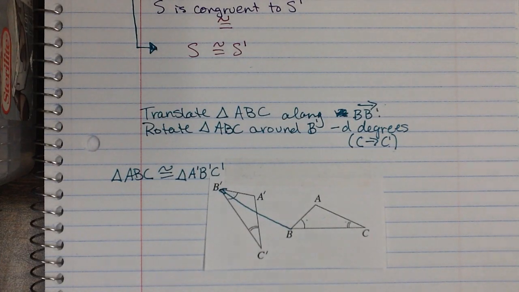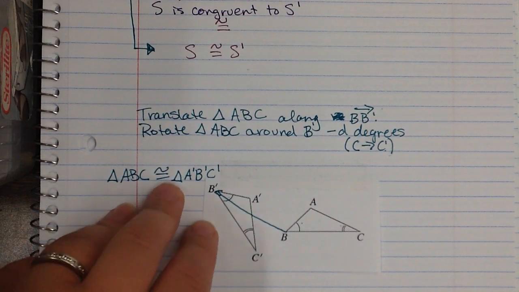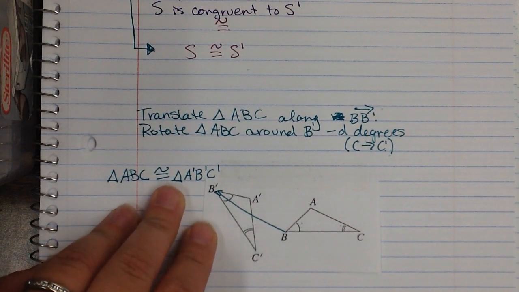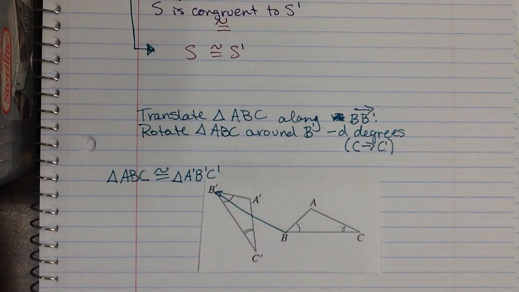So instead of saying that they're the same size and the same shape, we're going to say that they are congruent. And because they're congruent, they are also similar. So let's look at it this way.